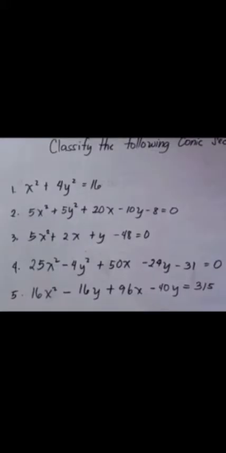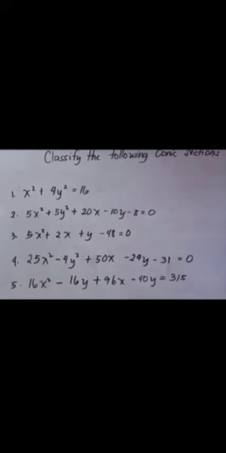Just like in our example number 2, 5x squared plus 5y squared plus 20x minus 10y minus 8 is equal to 0. So that is an example of an equation that forms a circle. It is because the coefficient of x squared and y squared, which is 5, are the same. So meaning our A is equal to C.